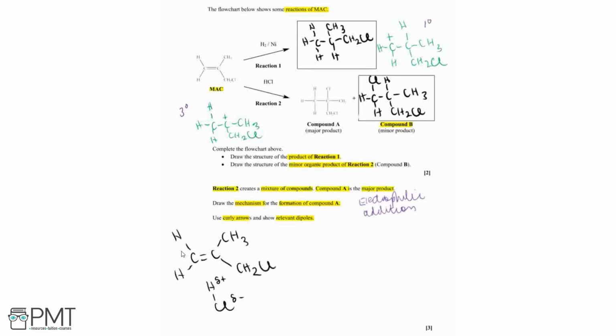So let's start to look at some curly arrows now. For our curly arrows, we need to identify the source of our electrons and then where those electrons can flow onto. Each curly arrow with a double arrowhead represents the flow of 2 electrons overall. So our source of electrons is going to be this electron-dense double bond region here.